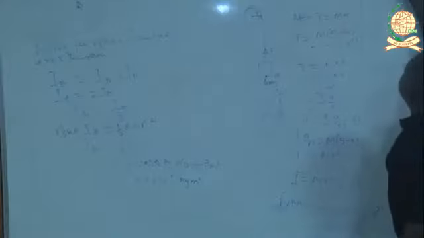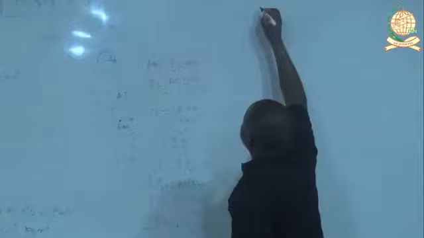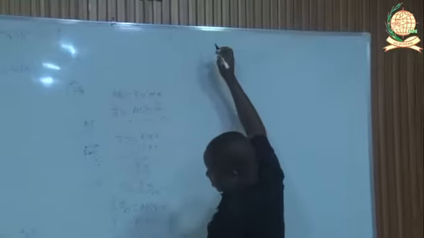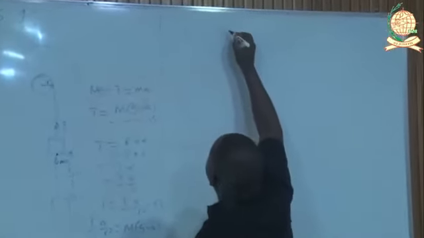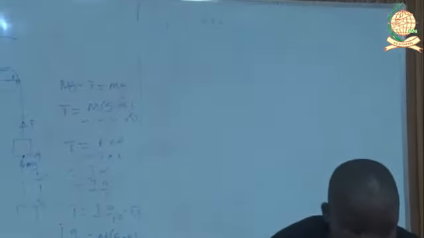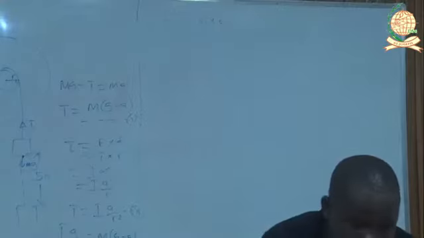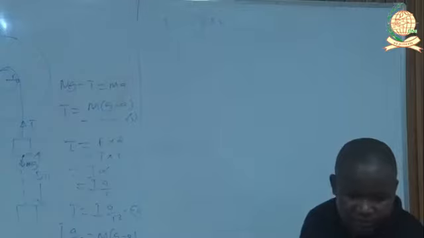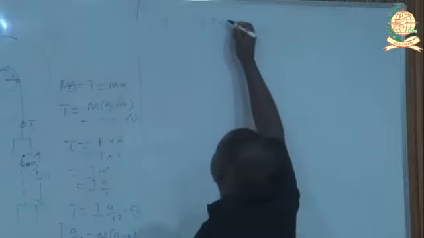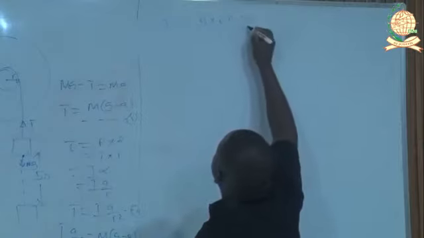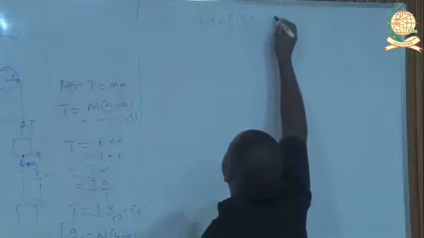So moment of inertia I equals to mr squared bracket g over a minus 1. m is 5 kilogram. r is 10 centimeters, so 0.1, squared, bracket 9.8 over 0.1 minus 1.